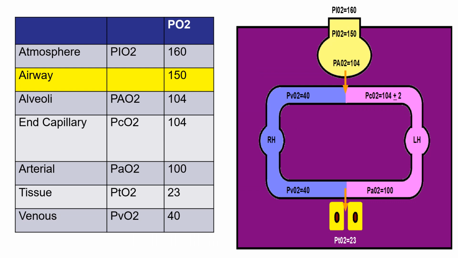The inspired oxygen tension is 160, while that of the oxygen tension in the airway is 150. The question now is, why is there a decrease in the O2 tension?